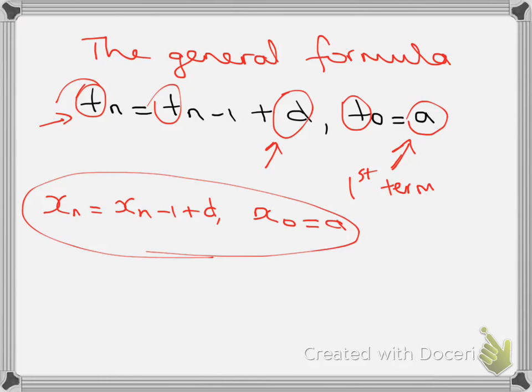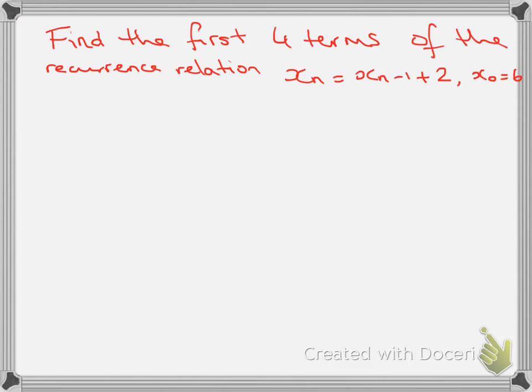Okay, so let's have a look at a quick example of how to find the first 4 terms of a recurrence relation, or a series of numbers, using this formula. Like I said, it looks similar to the general formula, except that you have X's instead of T's, my mistake, and the D and your A will actually be certain numbers.